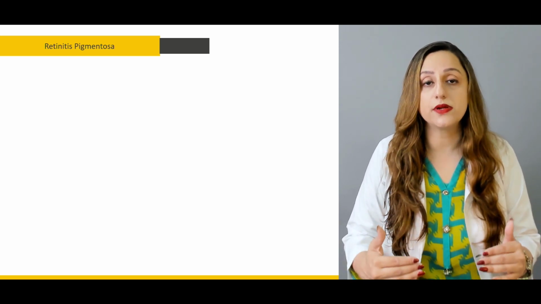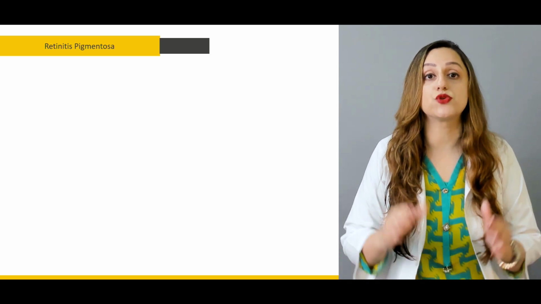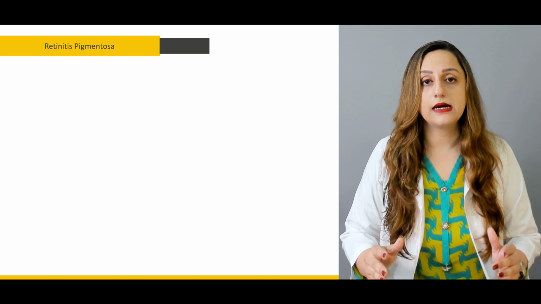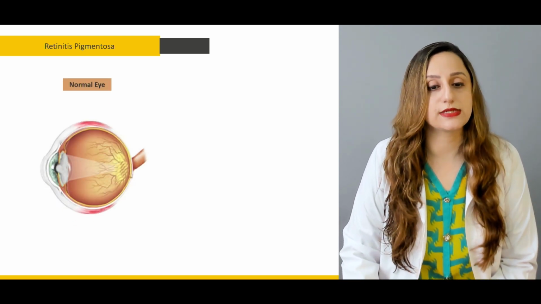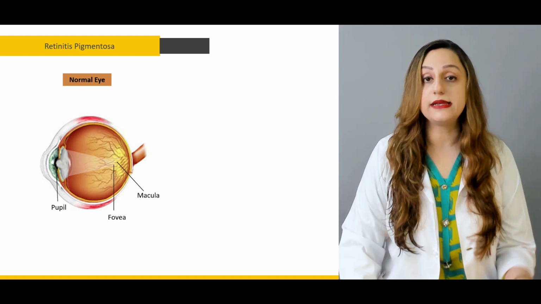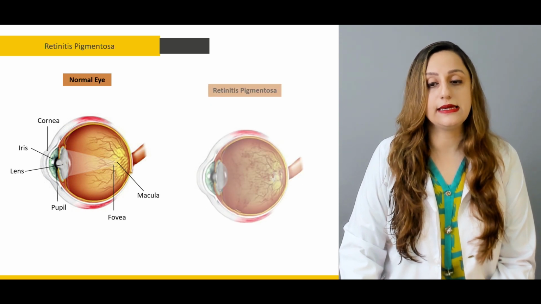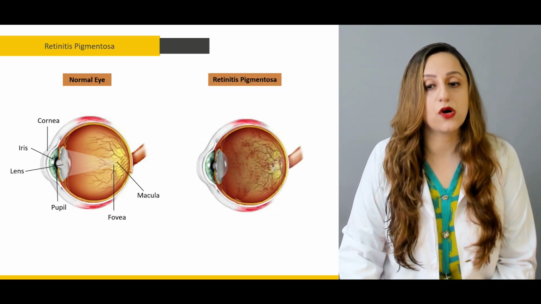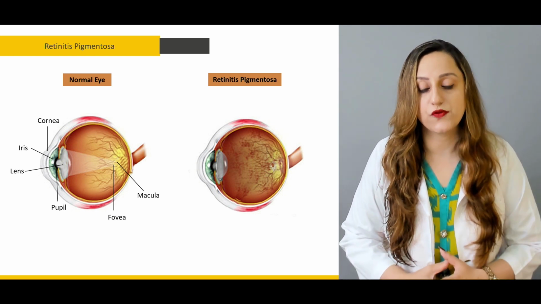You can remember the clinical features by an ophthalmological triad. This triad consists of a range of features. We should know the normal anatomy of the eye and how we can compare it to the anatomy of an eye suffering from retinitis pigmentosa.